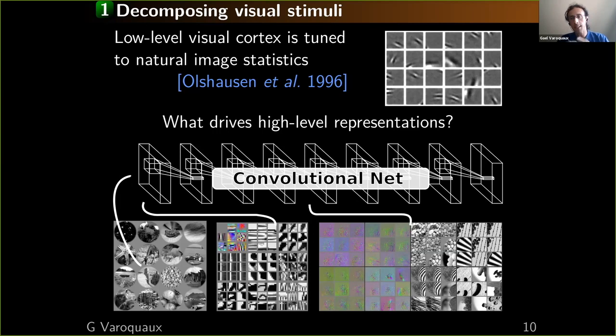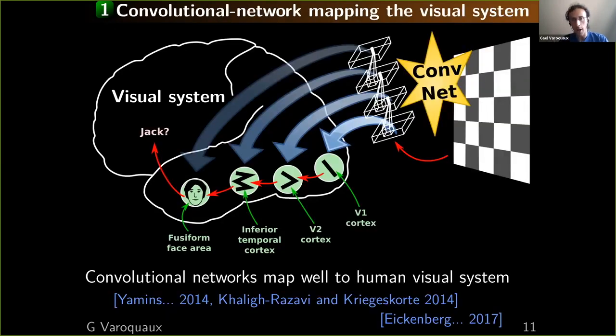So it makes sense to use these representations to probe the brain, because these are the best representations that we get these days to solve the problem of object recognition in natural images. So what we can do then is to use representations of the stimuli that people are looking at to map brain responses.